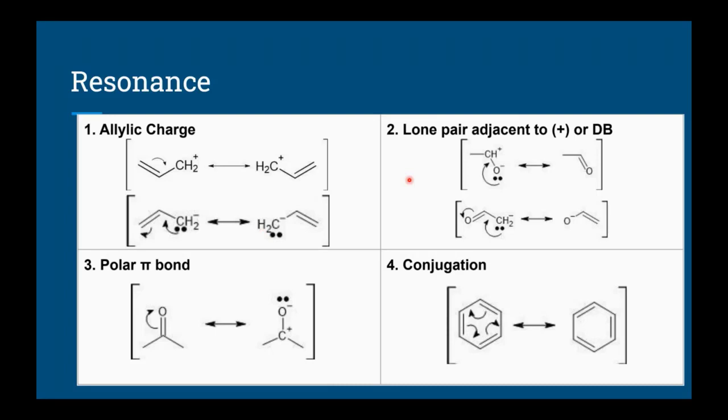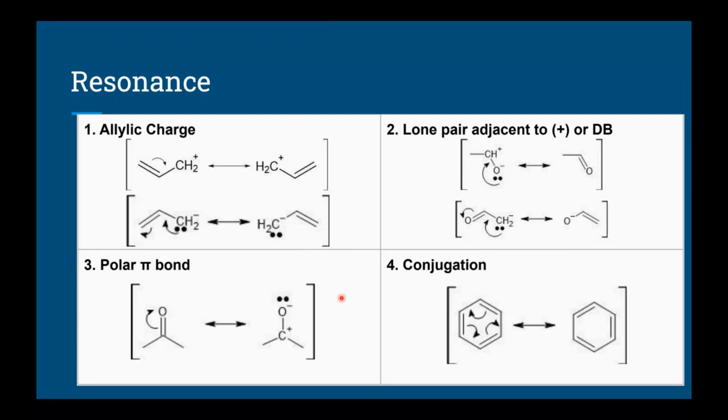For one of our second cases, we also see anytime that you have a lone pair adjacent to a charge, that can also convert into a double bond, something important to remember. And same thing here.